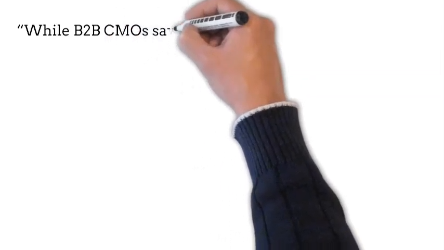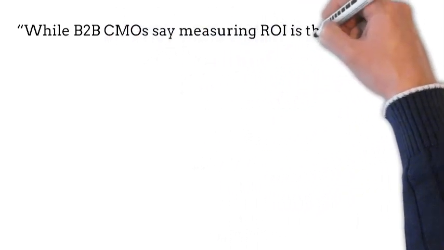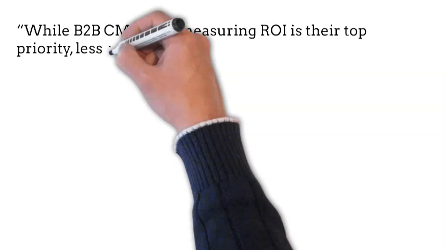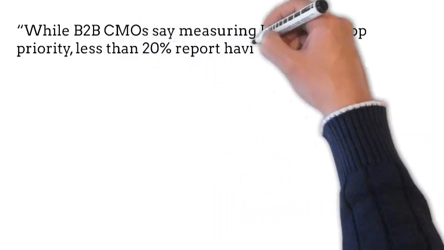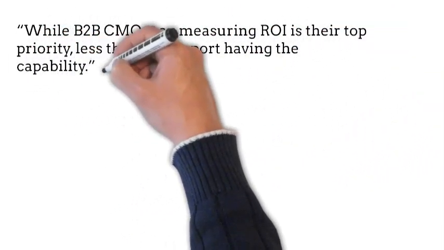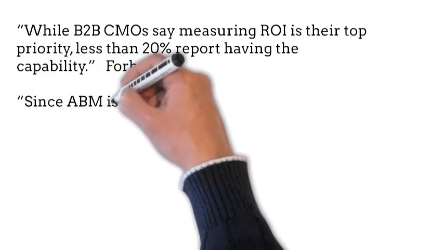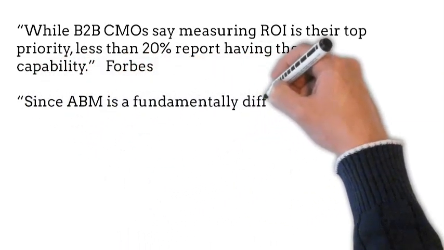In terms of the reasons for why we measure, a lot of B2B CMOs say that measuring ROI is their top priority, but it appears less than 20% of them have the capability to track and measure at the level that they want to.